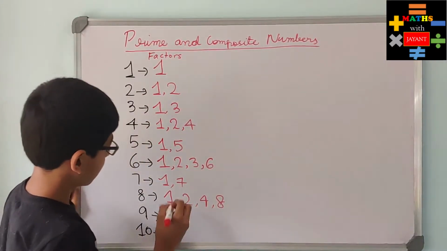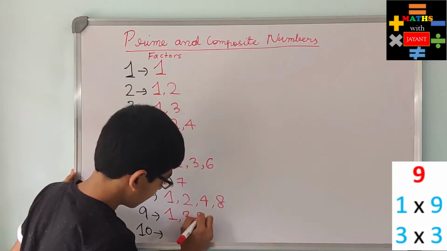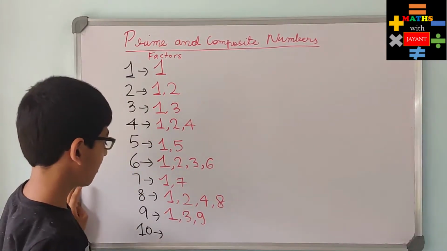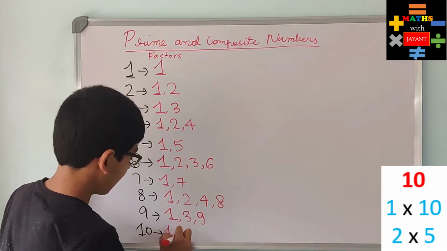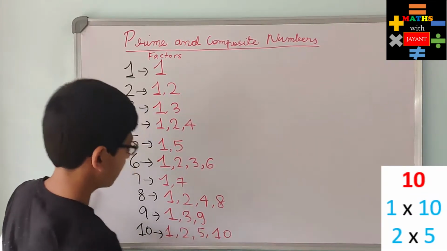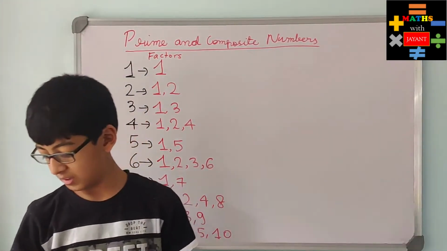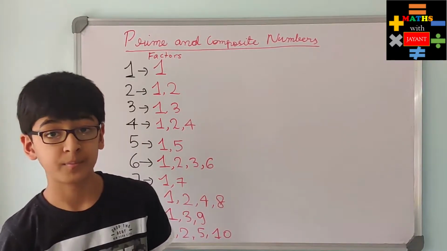Now let's find the factors of 9. The factors of 9 are 1, 3 and 9. And the factors of 10 are 1, 2, 5 and 10. So now we found the factors of the first 10 numbers.